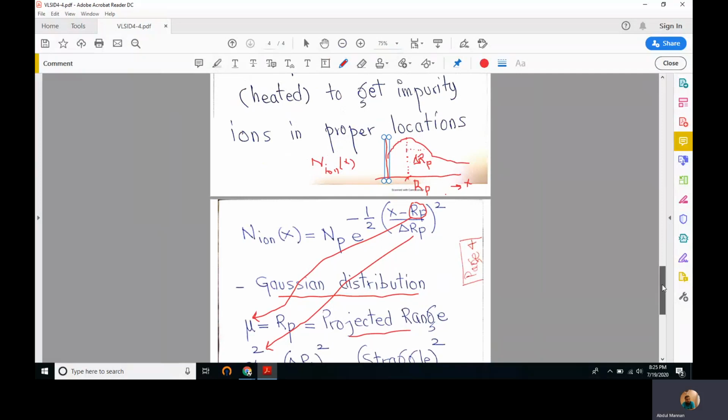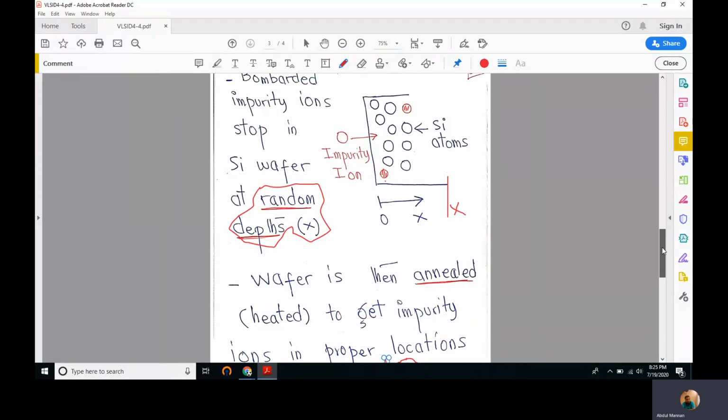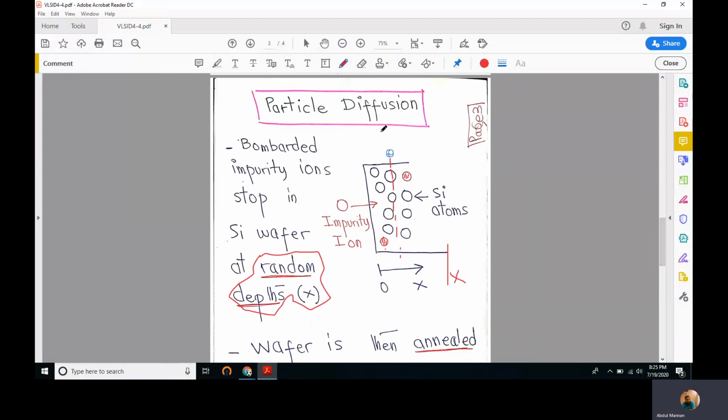If we somehow locate it graphically, x equal to Rp would be somewhere around here. So the majority of the impurity ions that are bombarded using the ion implantation technique will be found here.